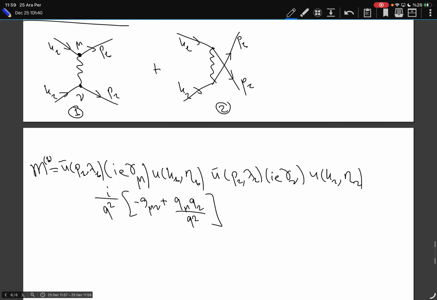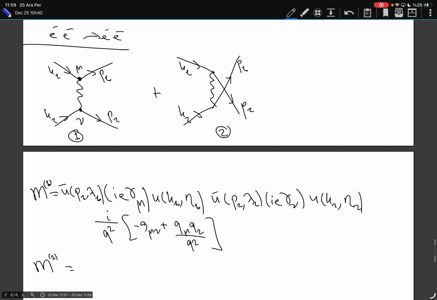The contribution from M2. Again, I have two fermion lines. So let me start with this fermion line. At the end, I have an outgoing electron, so U bar P2 lambda 2. Then, when I went back, I arrived at that vertex.